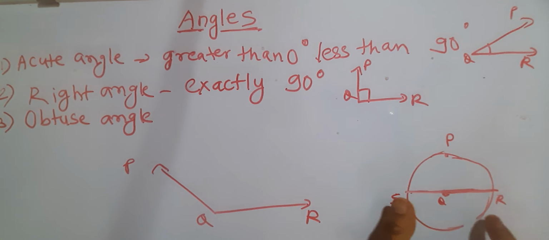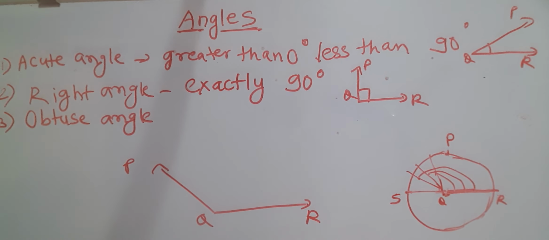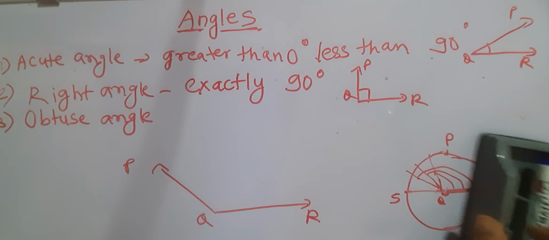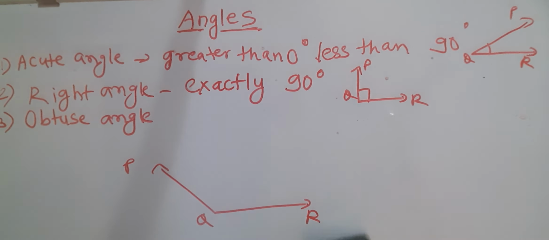So anything between this PQ and QS here, if any angle is formed, then it is more than 90 degrees and less than 180 degrees. So in that case, whenever the angle formed is more than 90 degrees and less than 180 degrees, we can say an obtuse angle is formed.